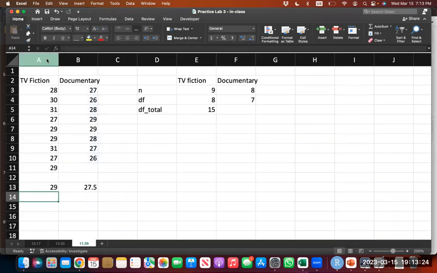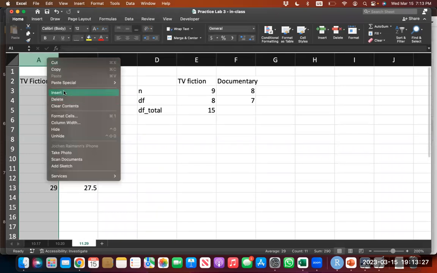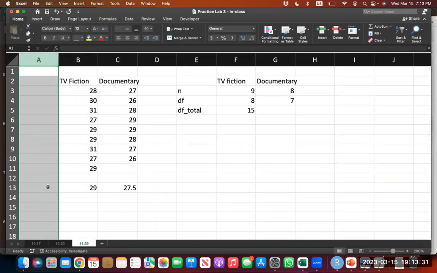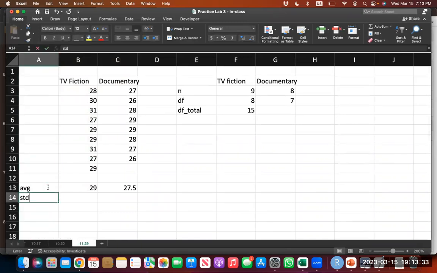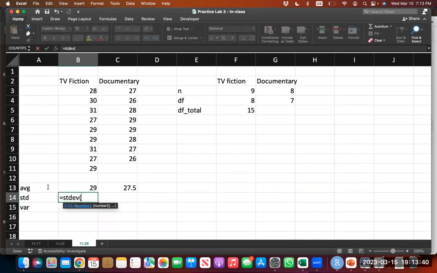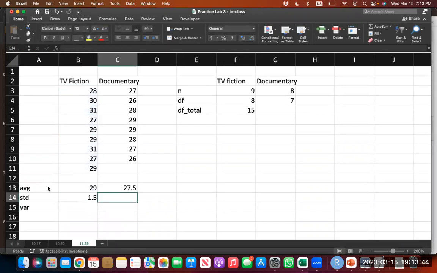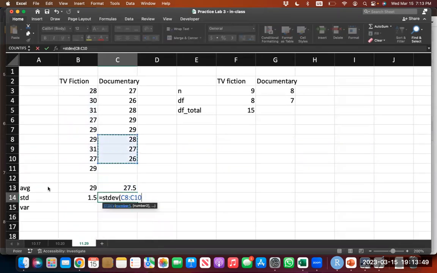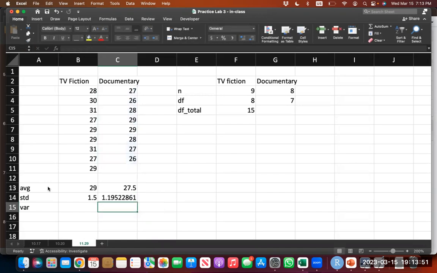So let's push this maybe a little over. Okay, so here we have an average, we have a standard deviation, and then we have a variance. So here we have the standard deviation, STDEV. Then we have a standard deviation for documentary, which is smaller, despite it being a smaller sample size.